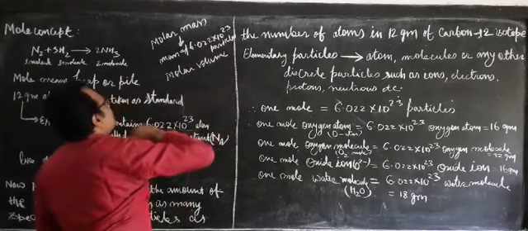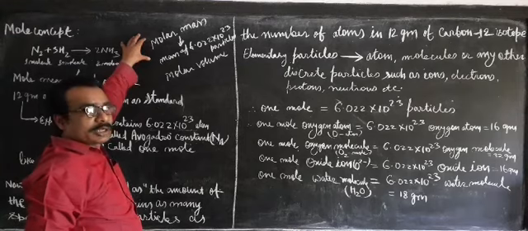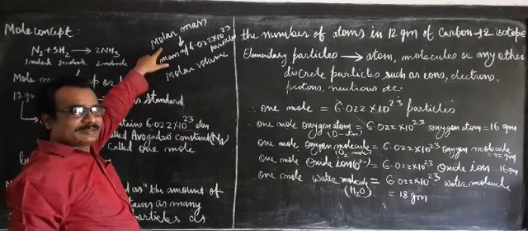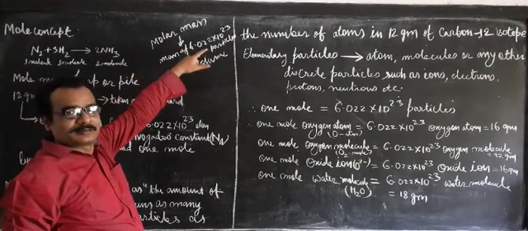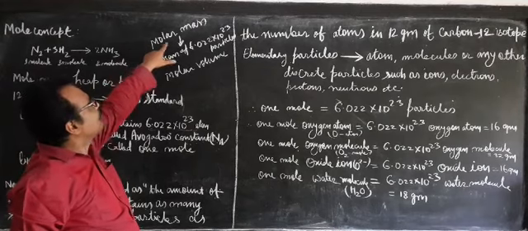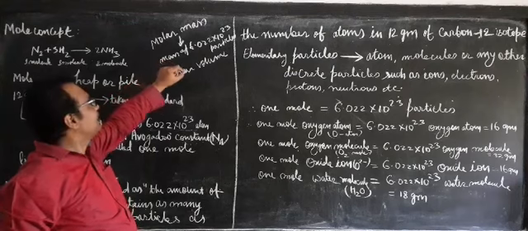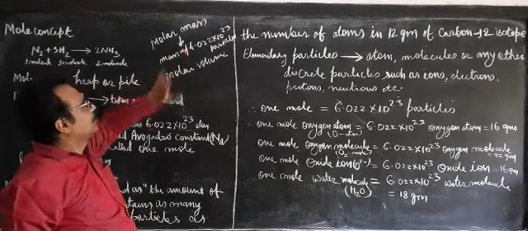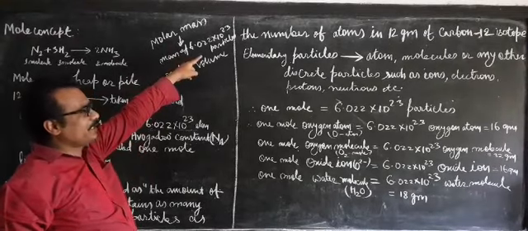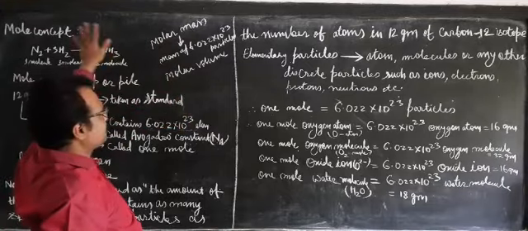Molar mass can be atomic molar mass or molecular molar mass. If you have taken atoms, it is the gram atomic mass; if you have taken molecules, it is the molecular molar mass. That is why I have written particle. Particle means it may be an atom, molecule or any other discrete particle.